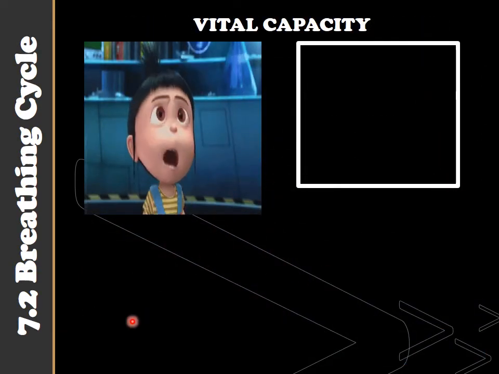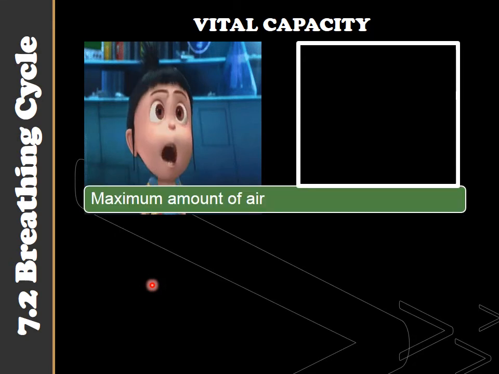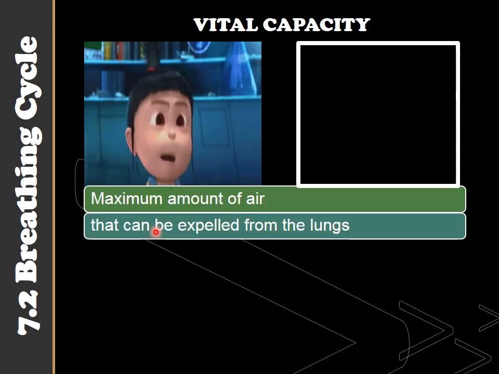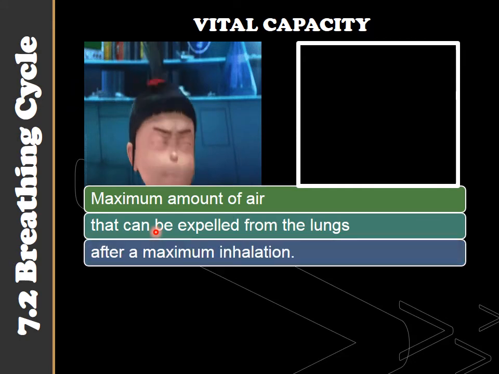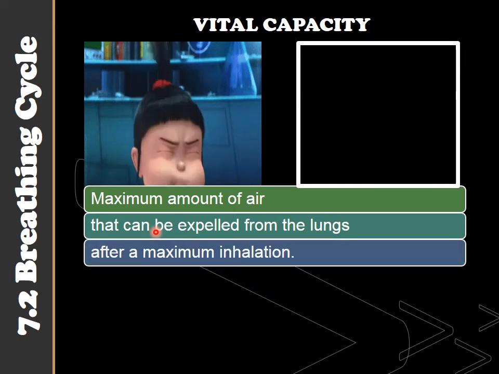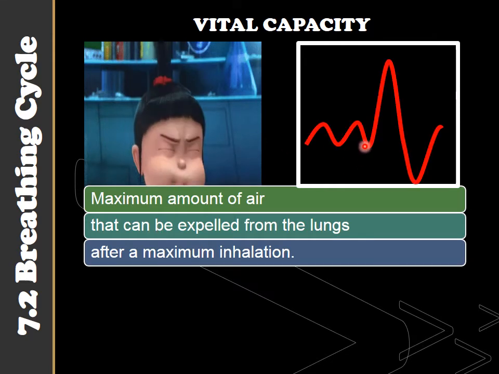So what is vital capacity? Vital capacity is the maximum amount of air that can be expelled from your lungs after a maximum inhalation. Over here, again I use the same graph.